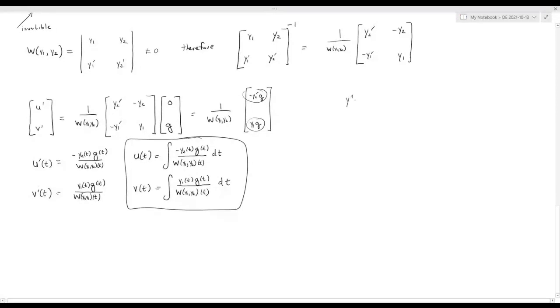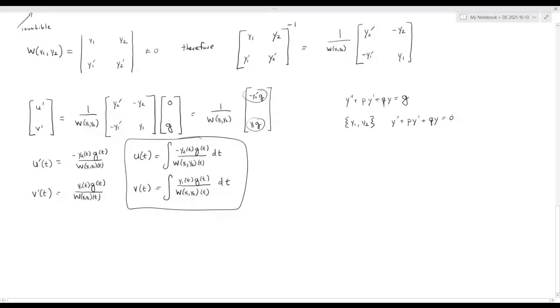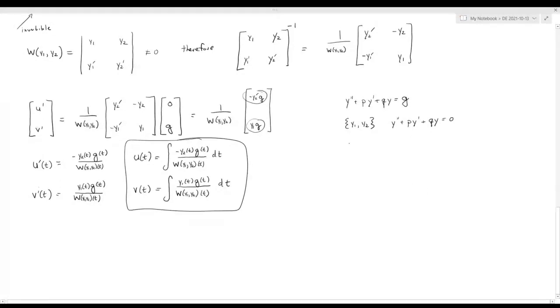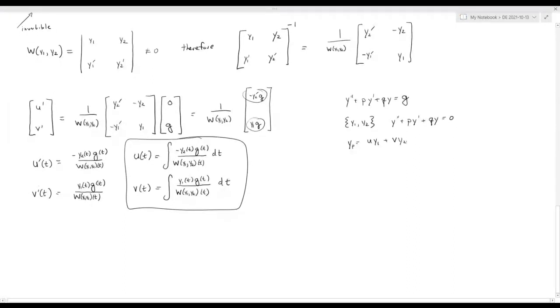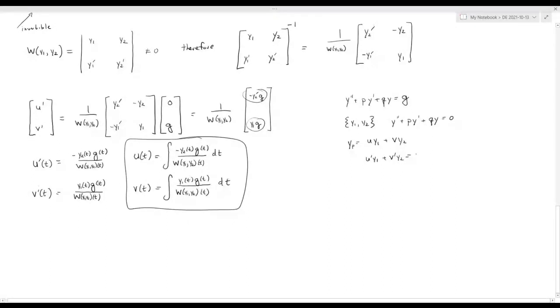To summarize, we have a differential equation written in the standard form. We find a fundamental solution set. That is to say, two independent solutions to the homogeneous version of the equation. We assume that a particular solution will be a function times y1 plus another function times y2. Our job is to find u and v. We used an assumption that u prime y1 plus v prime y2 is 0.